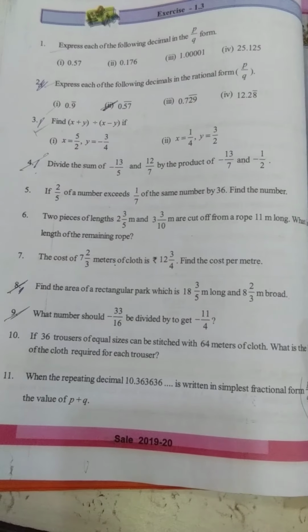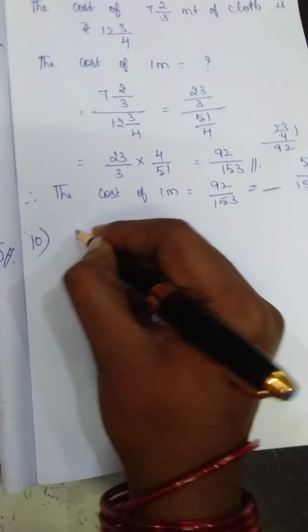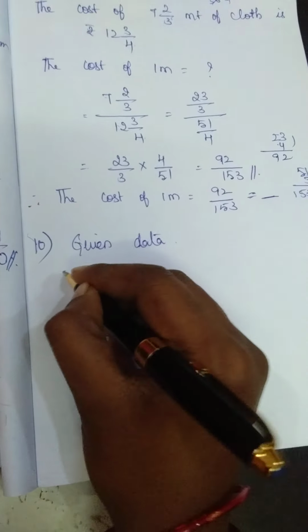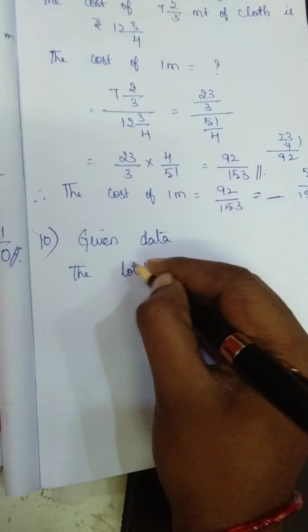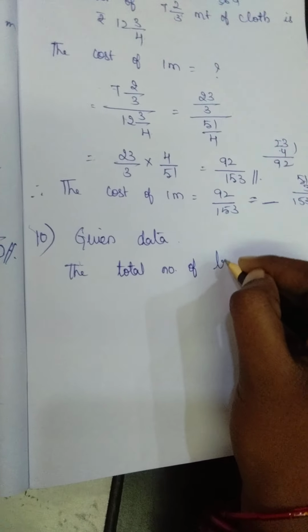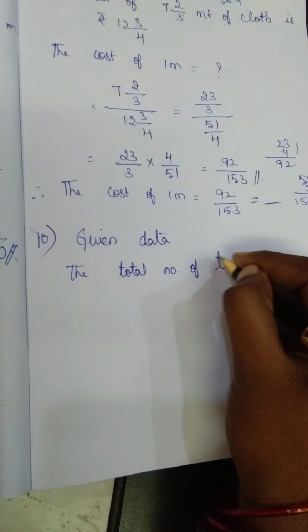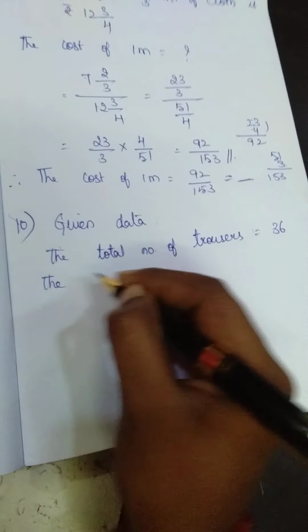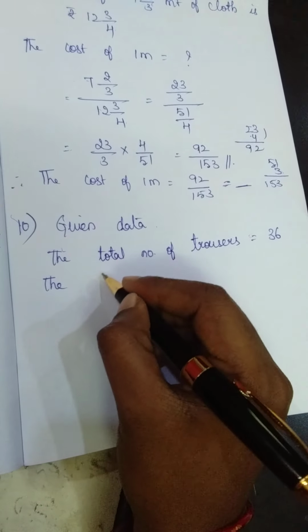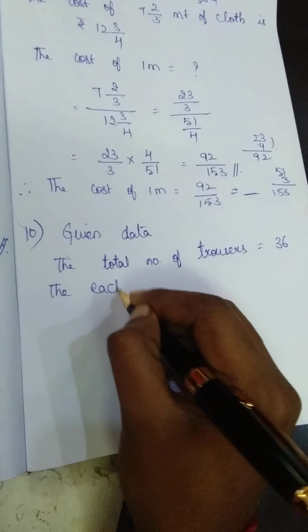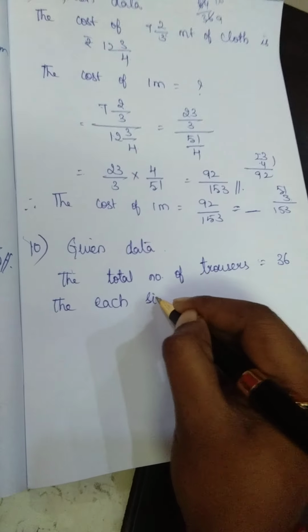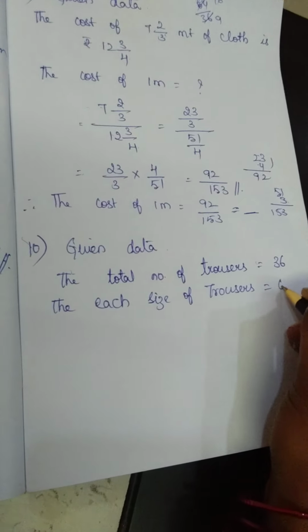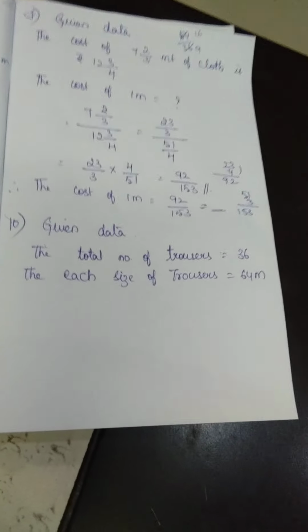See here, the 10th question. What is the given data? The total number of trousers equals 36. The cloth for all trousers equals 64 meters.